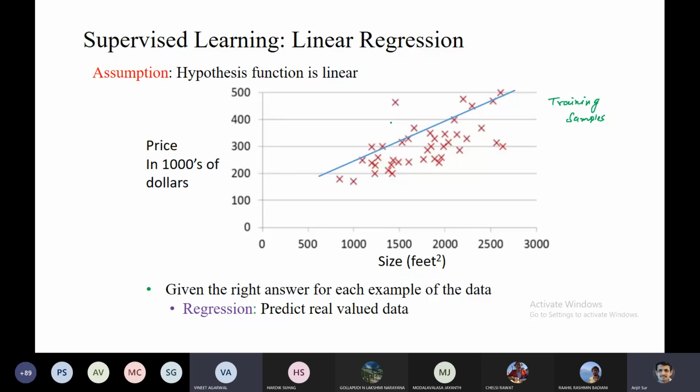Given the right answer for each example, what is the purpose of this curve? Let's say a point lies in between these two points, and the size is just slightly less than 1,000 square feet.